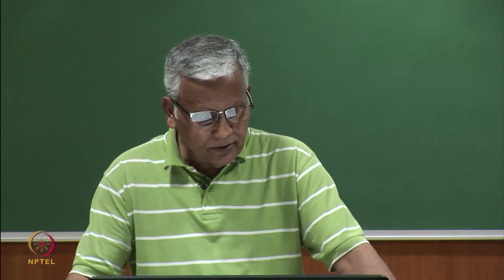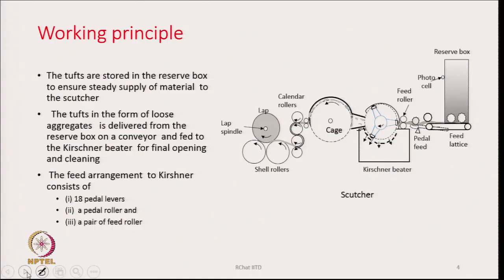The feed arrangement to the Kirschner consists of pedals. You can see the diagram here, the pedal is here and there are 18 pedal levers. This looks like a lever, and on the lever there is a long tail which is also visible here.